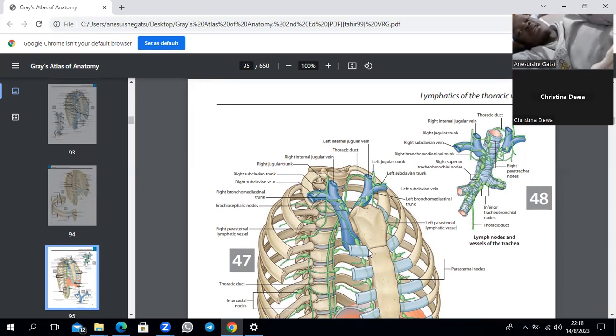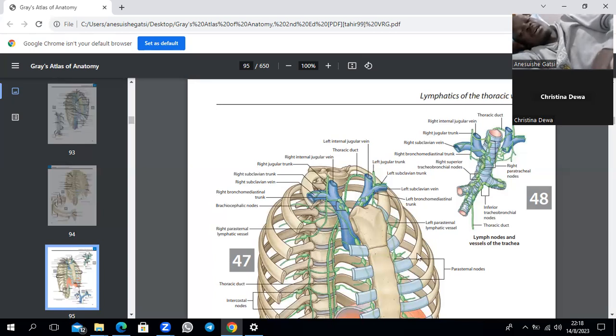The only parts that are not drained by the thoracic duct are the right thorax, the right upper limb, and the right head and neck. They are drained into another trunk called the right lymphatic duct.